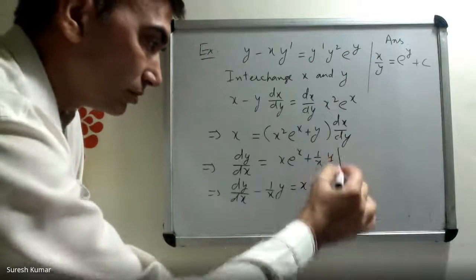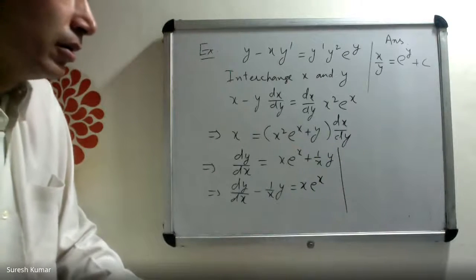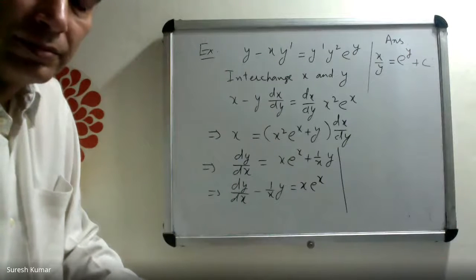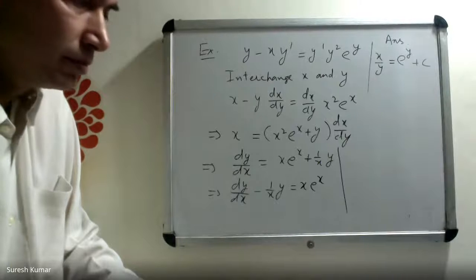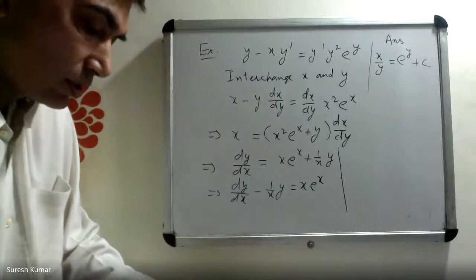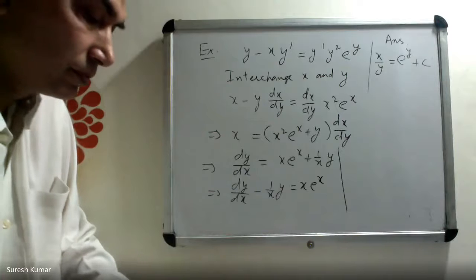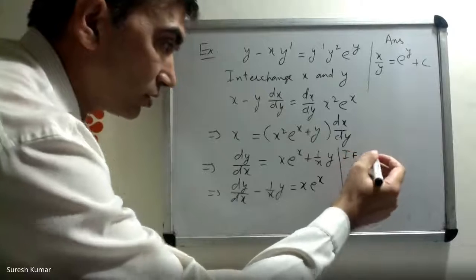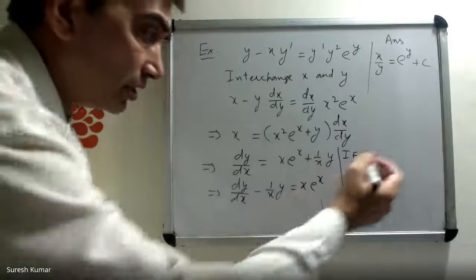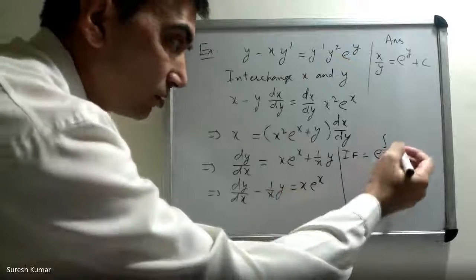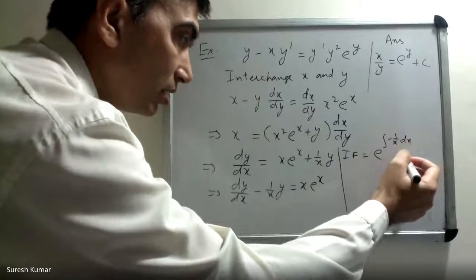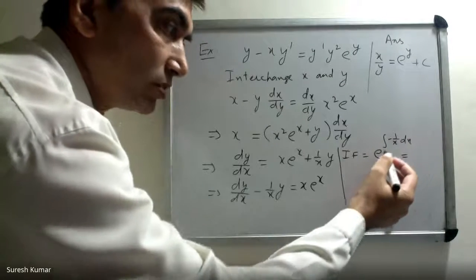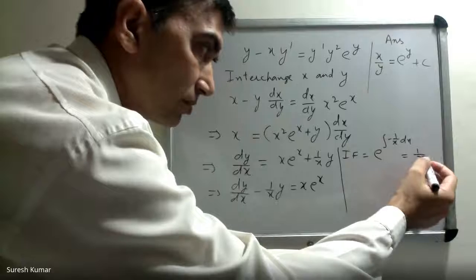What is its solution? Find its solution and tell me. How to find the solution? First write the integrating factor. Integrating factor is e power minus integral of 1 over x dx. That means it is minus ln x, that is e power ln x power minus 1, and finally it is 1 over x.